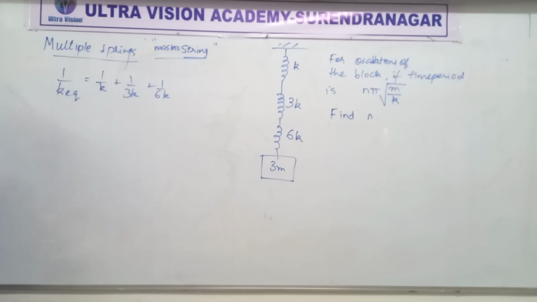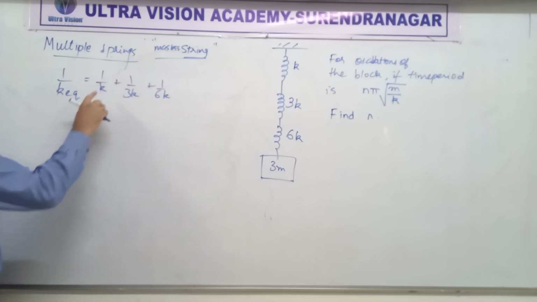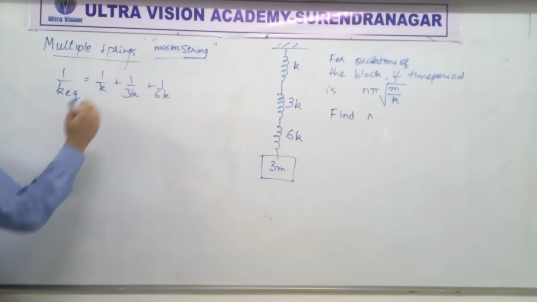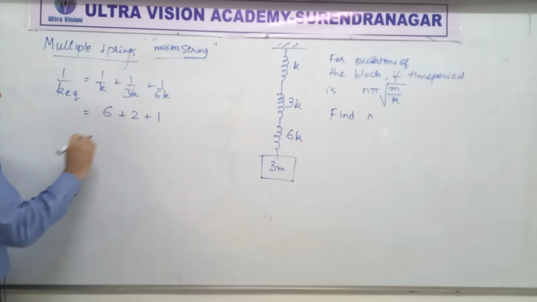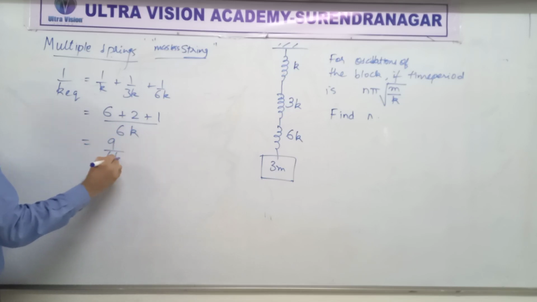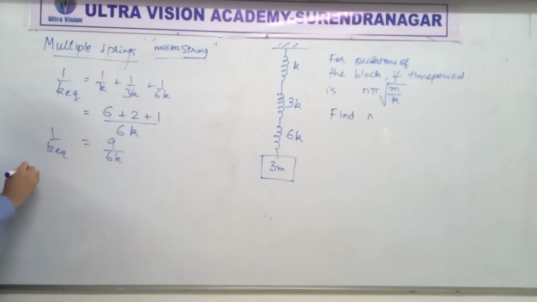The LCM of 1, 3 and 6 is 6. So here you get 6, here you get 2, here you get 1. Clear? So 9 by 6K is 1 by K equivalent. Therefore, K equivalent is 2K by 3.